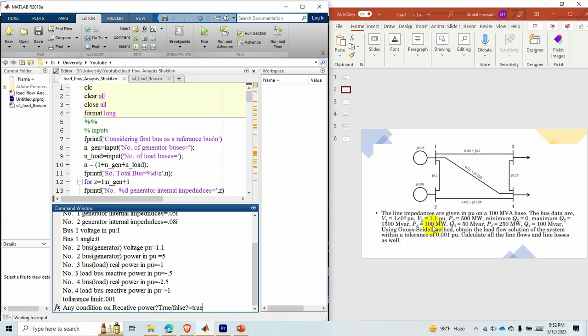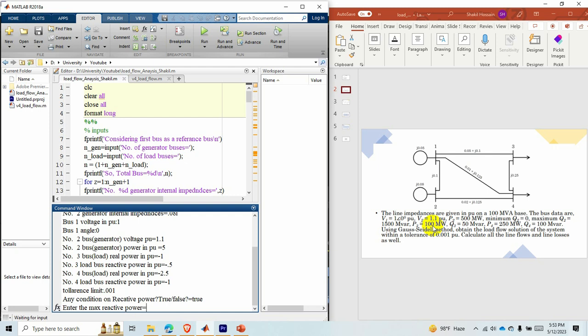Here is a condition. The maximum reactive power could be 15 per unit, and the minimum is equal to 0.